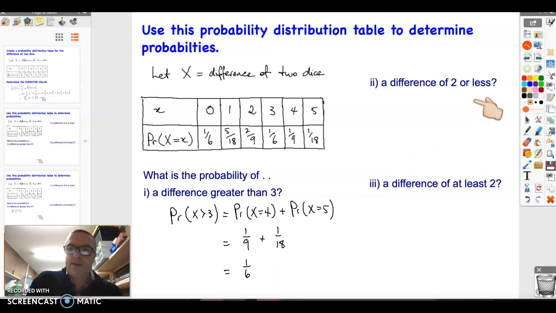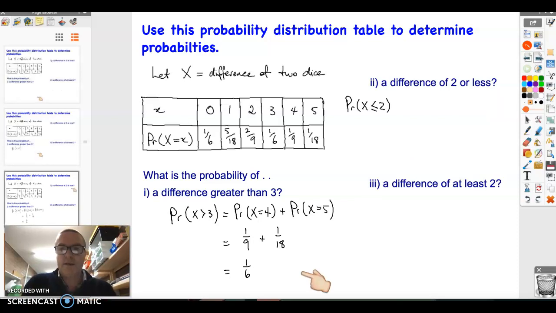Let's have a look at the probability of rolling a difference of 2 or less. And so I've expressed that as being the probability that x is less than or equal to 2. And we can see there on the table there are 3 values there from 0 to 2.